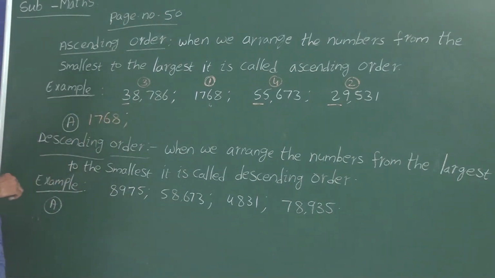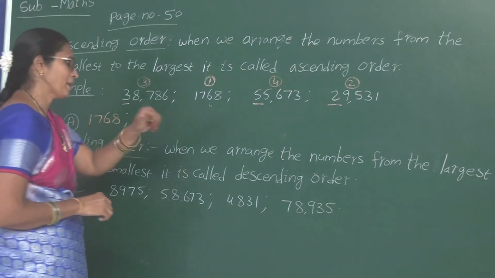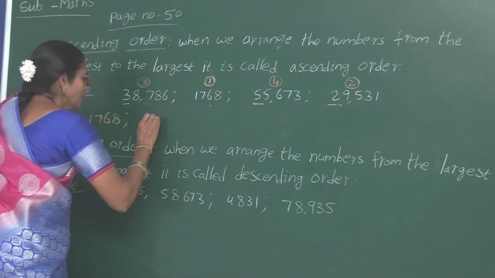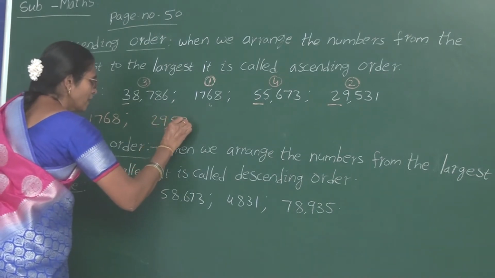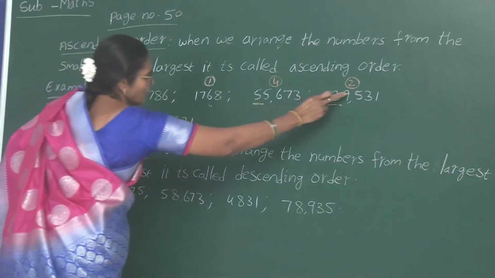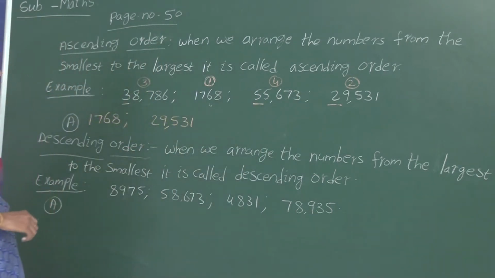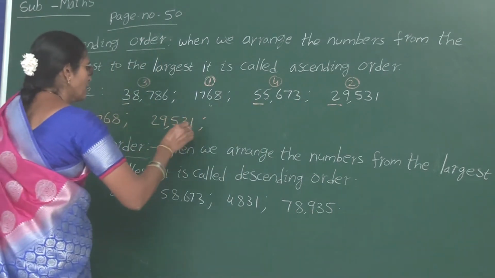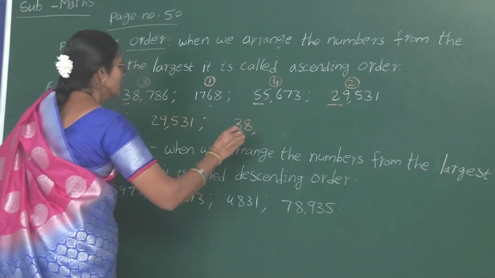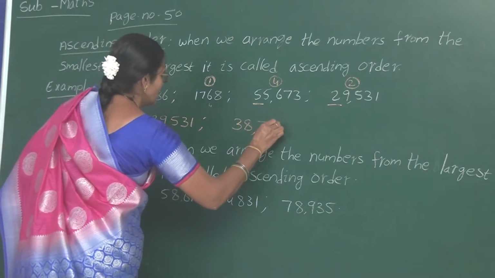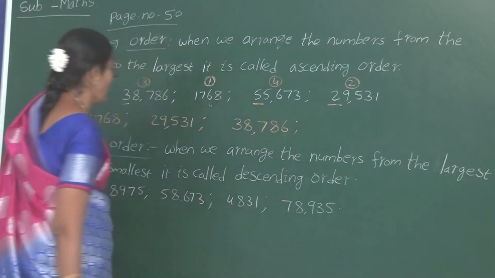This is the first number. And the second number is 29,531. This is the second number. Understand? And then third, 38,786 is in the third place.